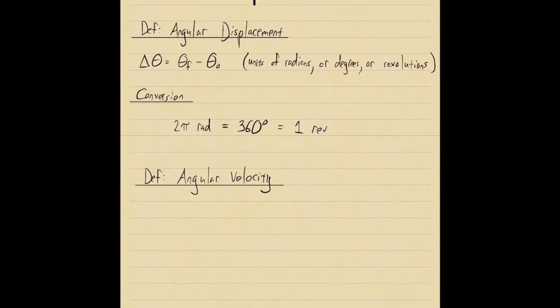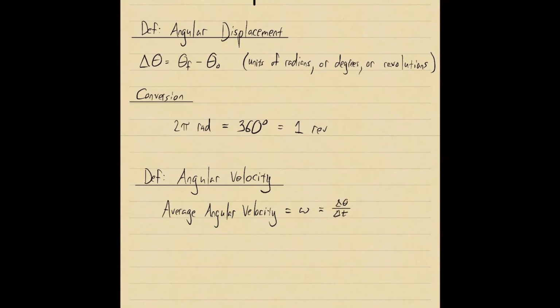Much like how we started our conversation in lecture 2 with average velocity, here we're going to be working with average angular velocity. The average angular velocity is going to be equal to omega, which we saw earlier was our angular displacement divided by the elapsed time.